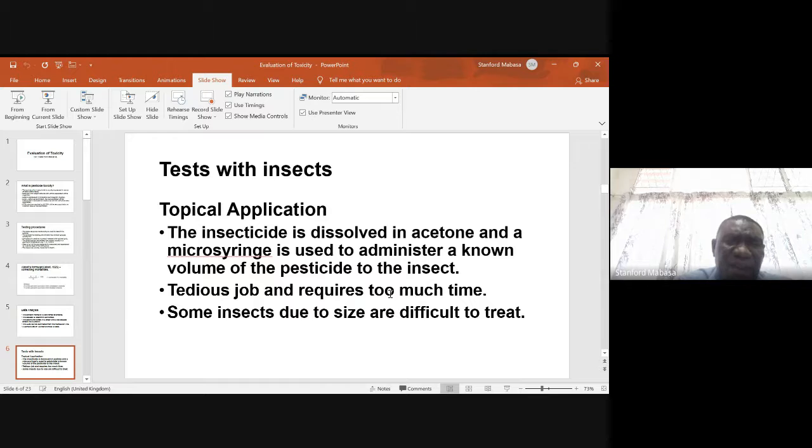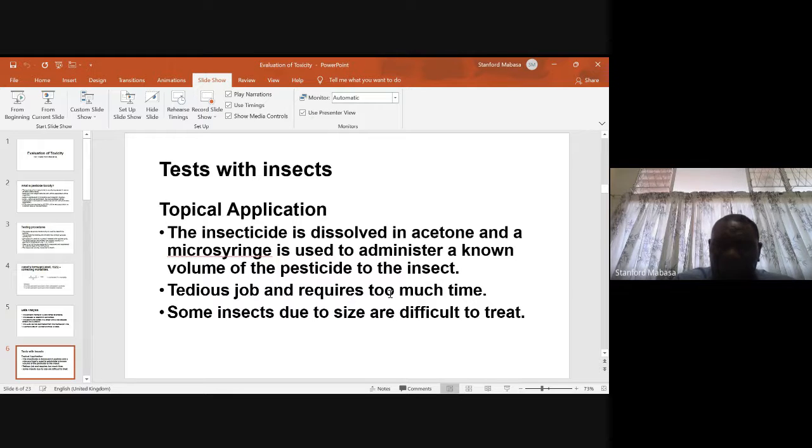So the first bioassay I'm going to talk about is known as the topical application. Now, in topical application, you have an insecticide which is dissolved in a substance known as acetone.